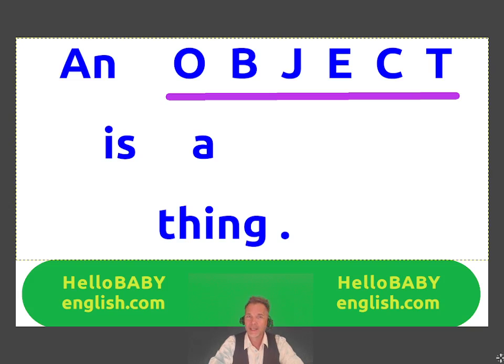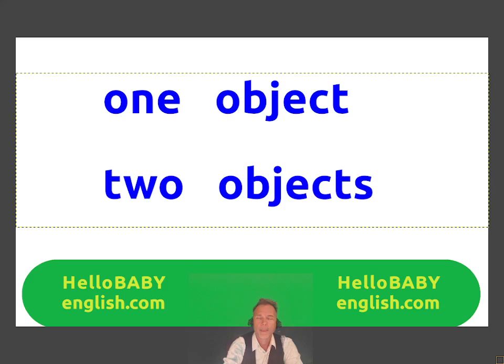An object is a thing, like a pen. One object. Two objects.